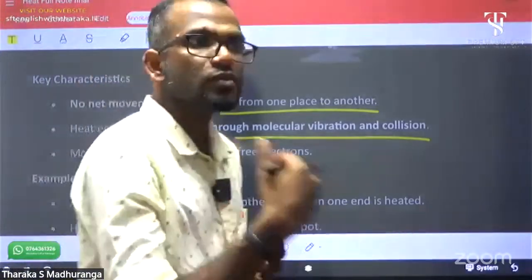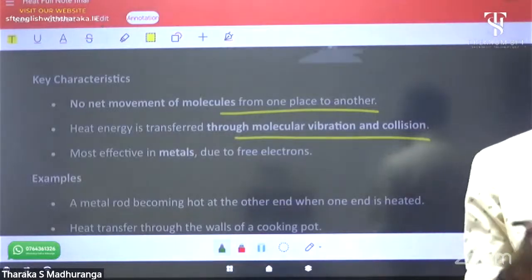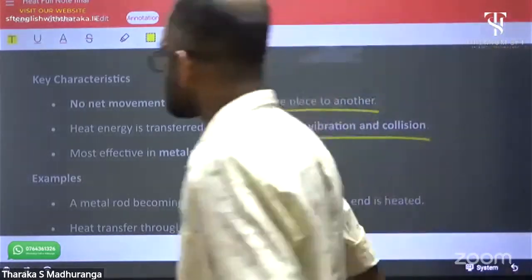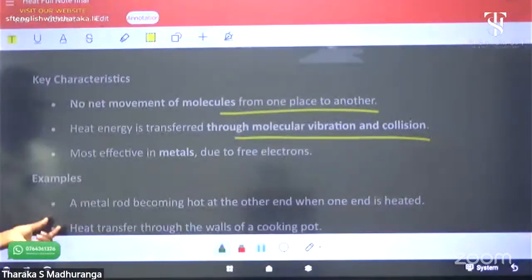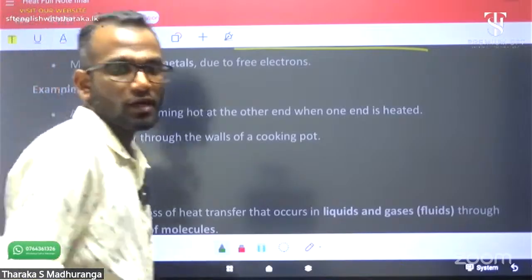The conductivity also depends on the free electrons, which we can discuss in the calculation part. Example: a metal rod becomes hot at the other end when it is heated. Yes, heat transfers to the wall of a cooking pot.